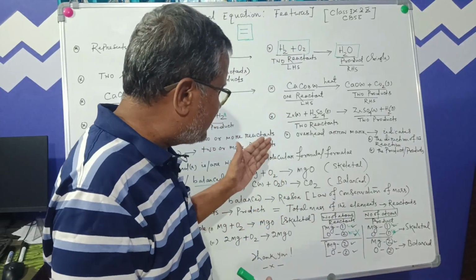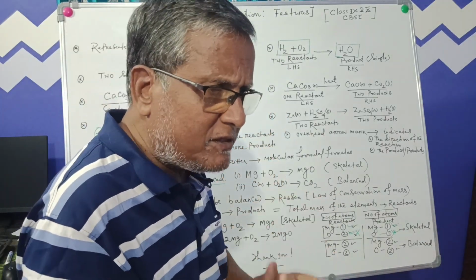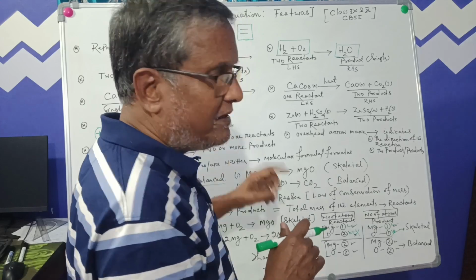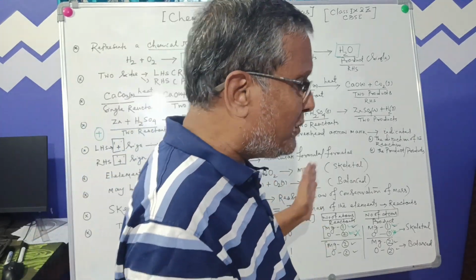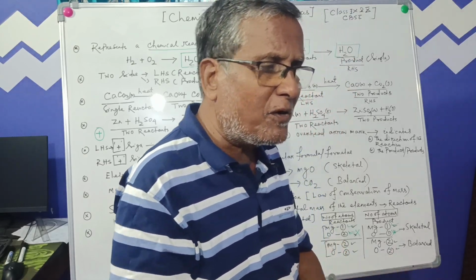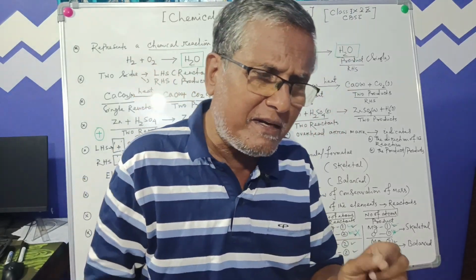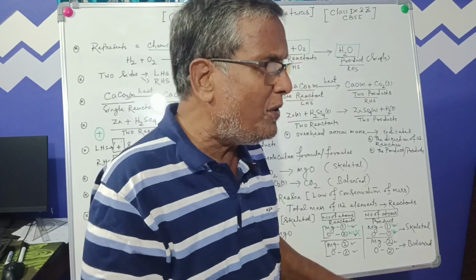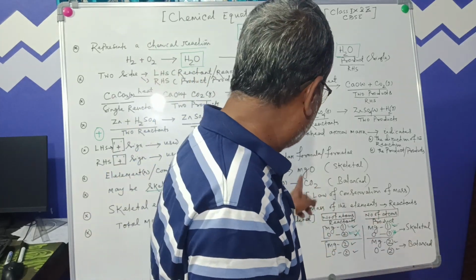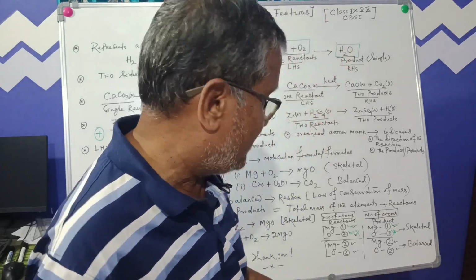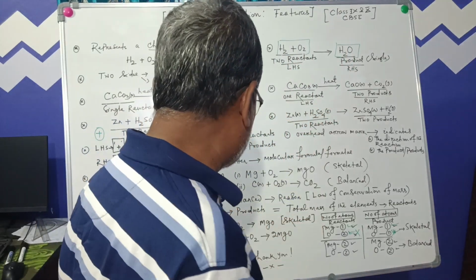So as per this law, the mass of each element on the reactant side should be equal to the mass on the product side. For that reason, we have to balance a skeletal chemical equation.